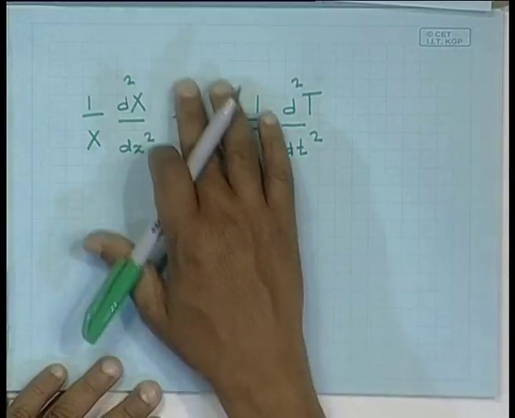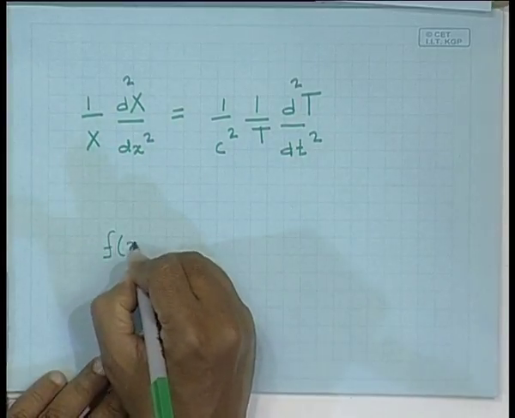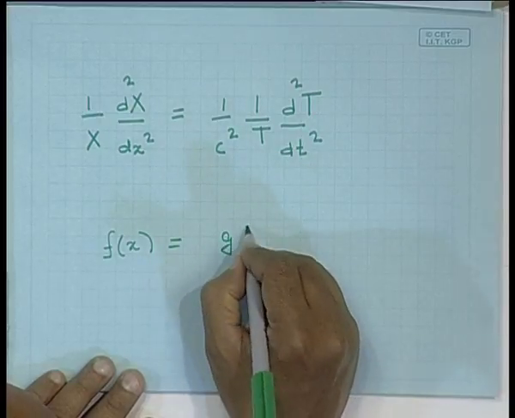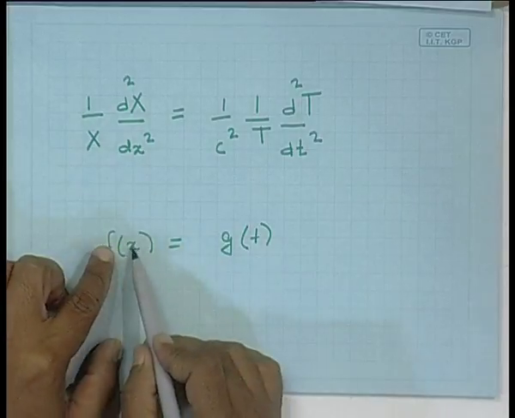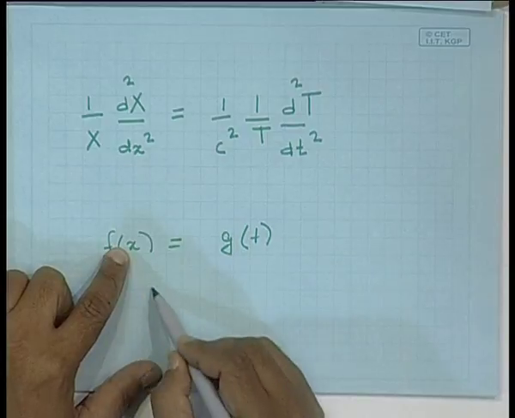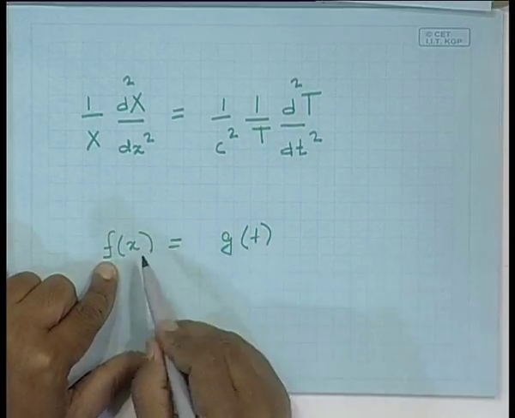The term on the left is a function of x alone, and the term on the right is a function of t alone. Now, here we have a function of x and here we have a function of time. I can vary x arbitrarily, I can vary time arbitrarily, but still this equality holds.